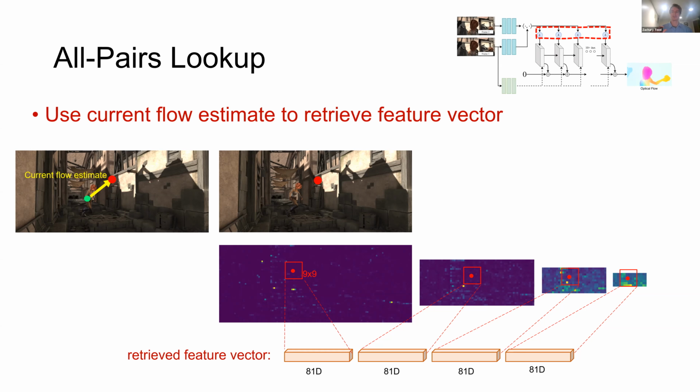But when we sample from these coarser resolutions, it gives us coarse information, so it allows us to make large corrections to the optical flow field. And as our optical flow field gets more and more accurate, then ideally we should be sampling around the correct optical flow. So the first level of the pyramid will give us the fine-grained information that we need to correct.